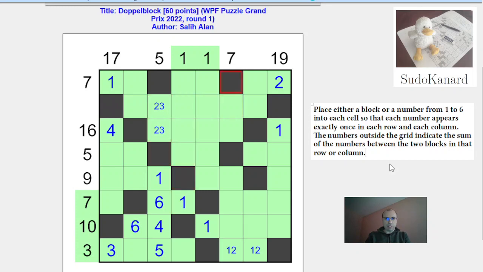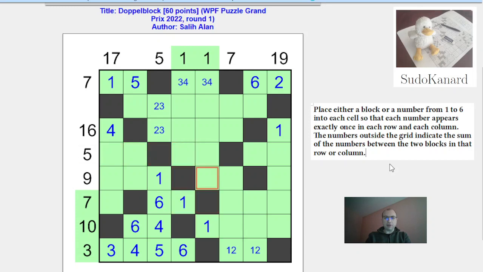Where should I look? This 7 doesn't use a 1 or a 2, so it's 3 and 4. This can only be 5, this can only be 6. And here I need a 6 and a 4. Here I need 1, 2, and 3. Not sure I can do better. Oh, this 5 here.